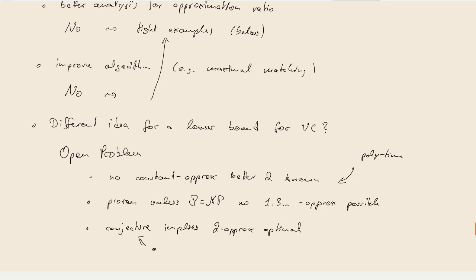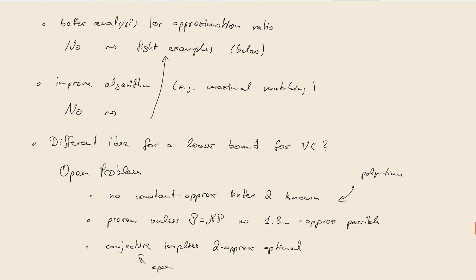But it's also open whether this conjecture holds. It's a conjecture after all. So all we know about vertex cover is that there's a very simple and very efficient 2 approximation, but we don't know whether it's optimal, but it actually seems quite likely to be optimal.